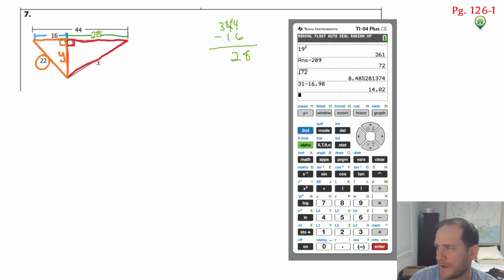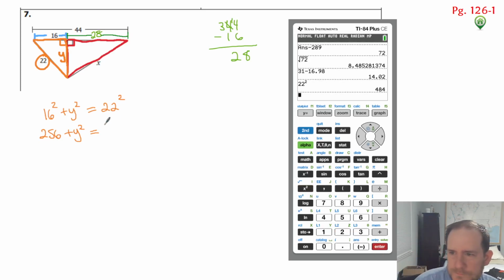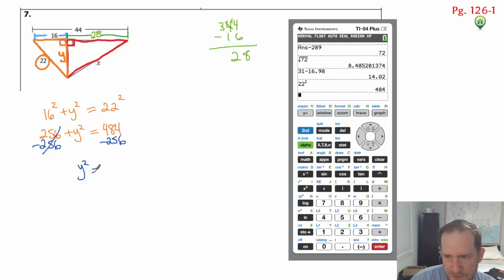Call this y. So to solve for y, we know that 16 squared plus y squared is going to be 22 squared. So that's 256 plus y squared equals whatever 22 squared is, 484 apparently. And so now just subtract 256 from both sides. Those will cancel. You now have y squared all alone on the left.